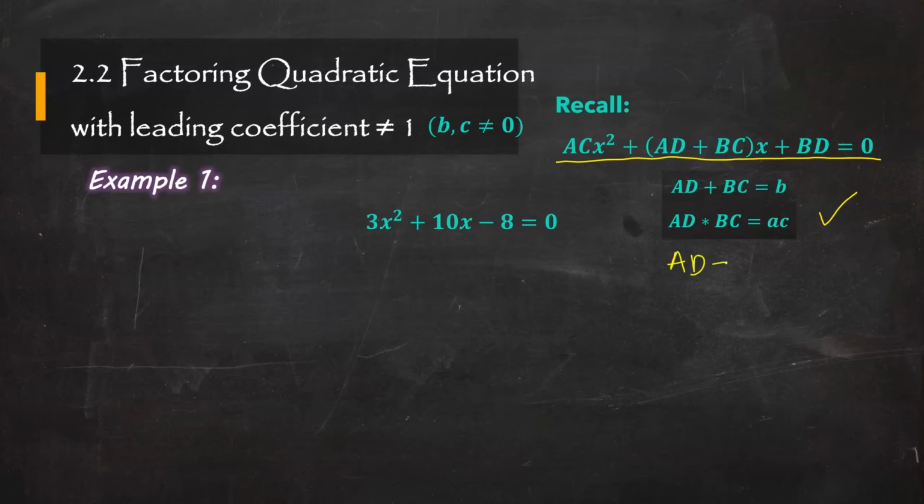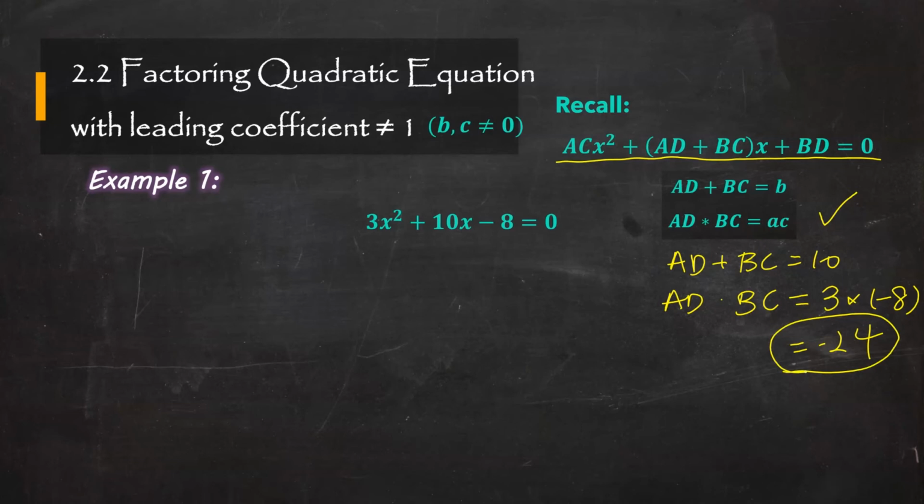We have AD plus BC equals 10. And AD times BC is equal to a, which is 3, times negative 8, which is negative 24. So now we just need to find the 2 factors of negative 24 which also satisfy the first equation, AD plus BC equals 10.